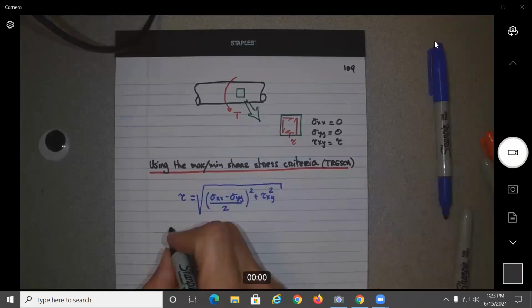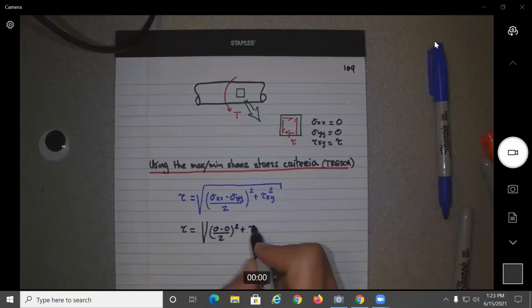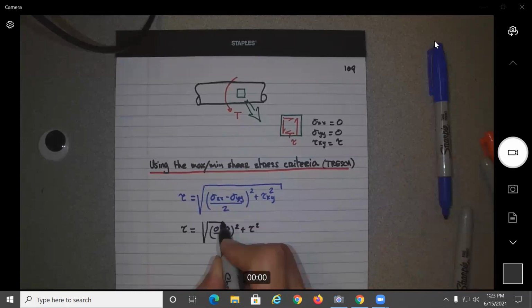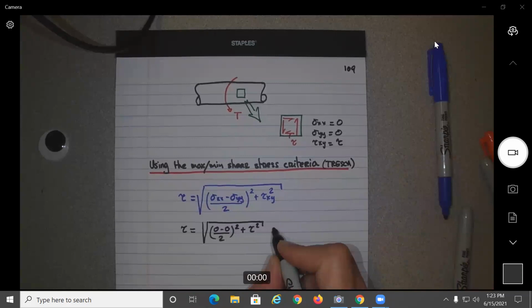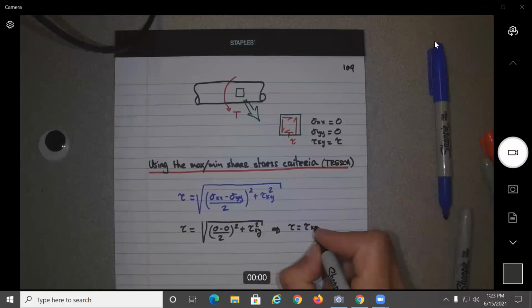This will give us that tau would be equal to what? Basically, we have here (0 minus 0 over 2) squared plus tau xy squared, square root. So we get the same conclusion that tau equals tau xy.